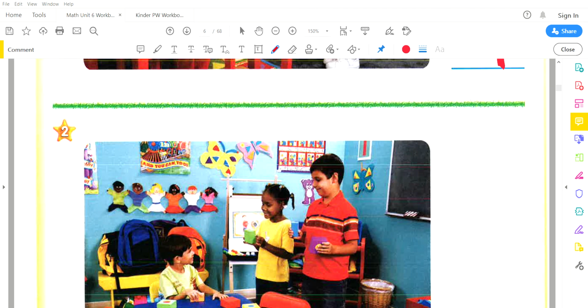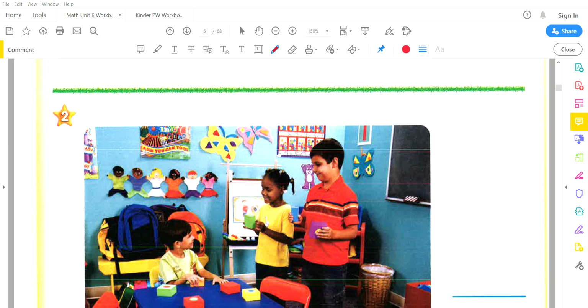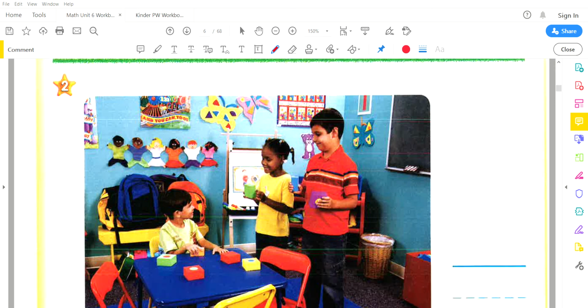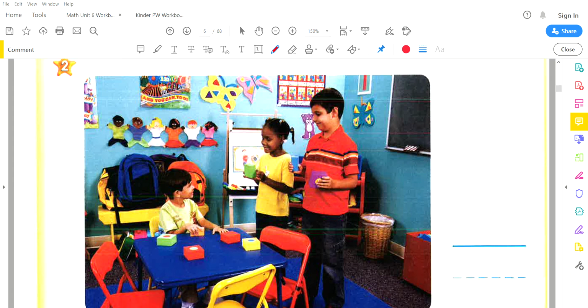I see some students who are being great classroom citizens because they are sharing their blocks and boxes. They have lots of blocks and boxes all together. We're going to see how many are in both groups by seeing how many each group has and then adding them all together. I see that the little boy at the blue table has many boxes.